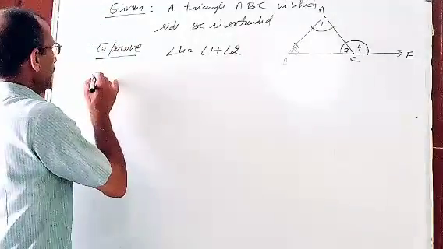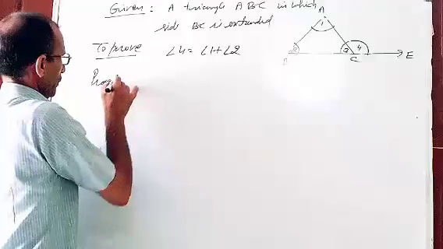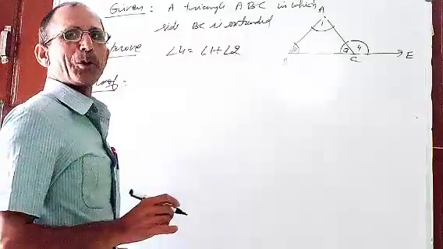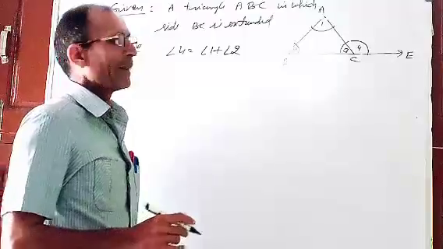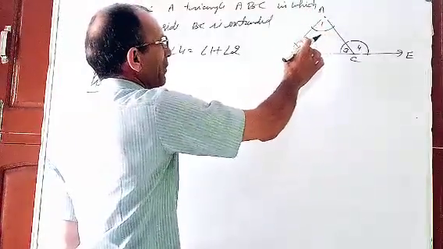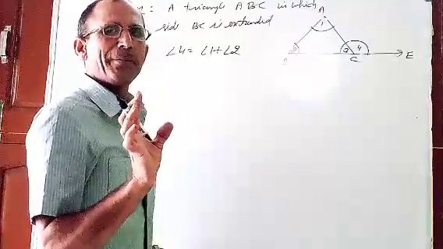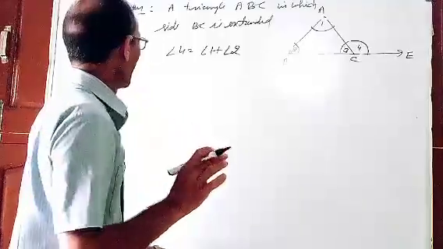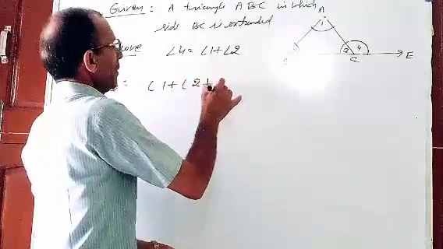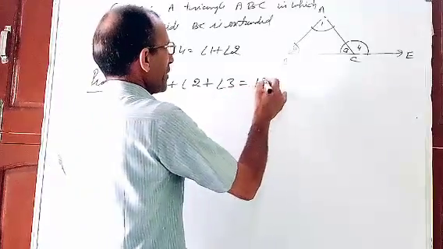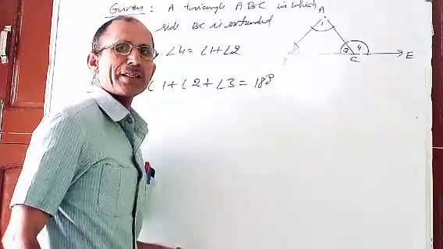So now prove. Just I proved one theorem, the sum of the angles of a triangle is 180. So same rule, if I add angle 1 plus angle 2 plus angle 3, their measure will be 180 degree. So angle 1 plus angle 2 plus angle 3 is equal to 180. What reason will you give?